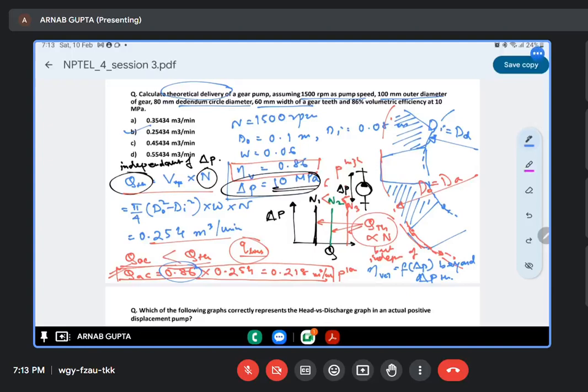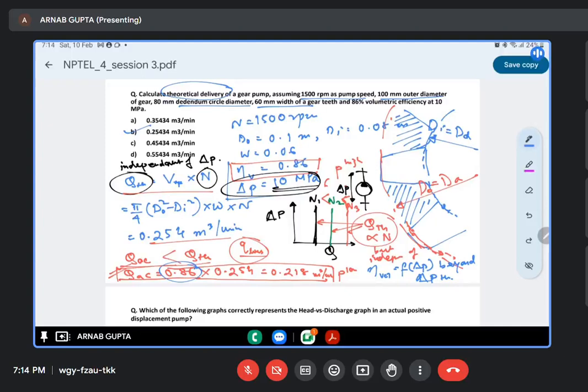Why? Because when the pressure is excessively higher, there can be some elastic deformation of the components, and there are higher chances of the liquid seeping in from the high pressure to the low pressure. That is also known as oil seepage. So these two phenomena occur when your pressure head is beyond the rated pressure.